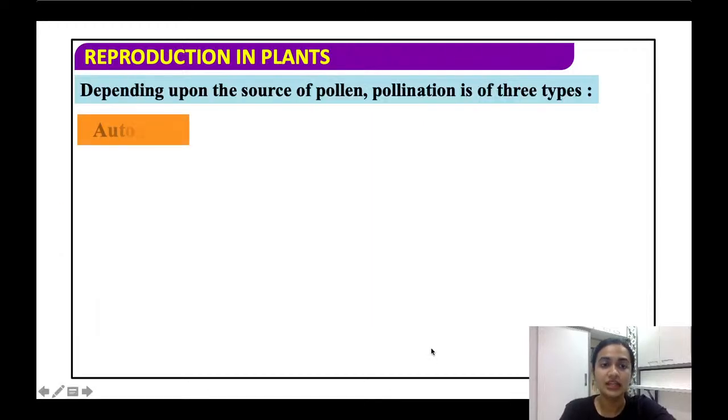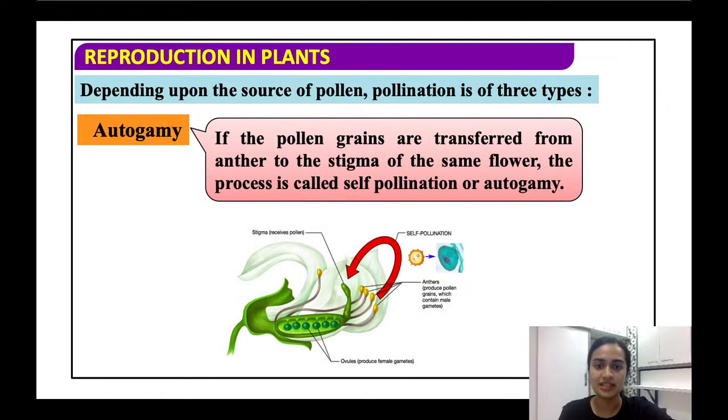Depending upon the source of pollination, pollination is of three types. Autogamy, as I told you, is when the pollen grains are transferred from the anther to the stigma of the same flower. This is the process of self-pollination, or autogamy.